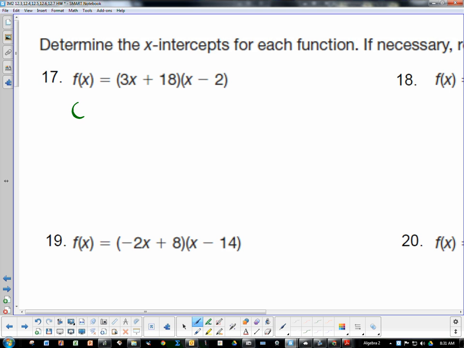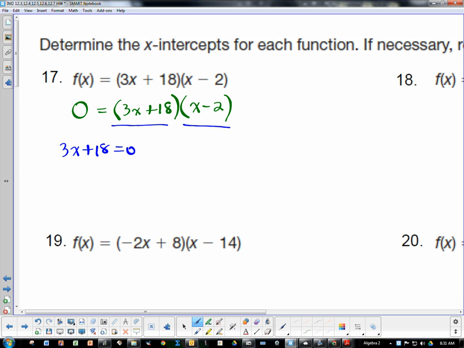So we go 0 is equal to the product of 3x plus 18 multiplied by x minus 2. Either this is going to equal 0 or this is going to equal 0. Got it? So we go 3x plus 18 equals 0 or x minus 2 equals 0.